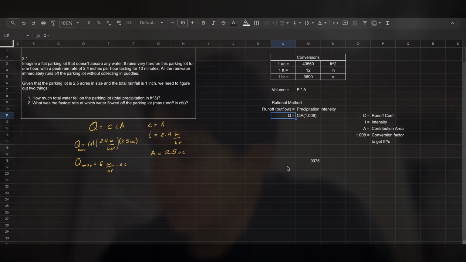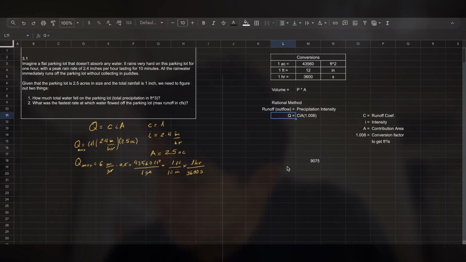Now, the reason why there is a 1.008 as part of the equation is because if we try to convert this to cubic feet per second, let's say there are 43,560 square feet in 1 acre, and we multiply this by 1 foot over 12 inches, and then multiply this by 1 hour over 3600 seconds.